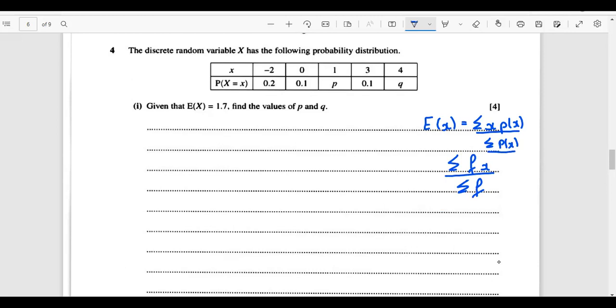Since summation px is 1, that is why we do not write it down. So this is also my mean. I told you in questions where we have probability, things are just the same as if you have frequency. The only difference is you have frequency and then you have probability. Otherwise, everything is the same. Any doubts with this?